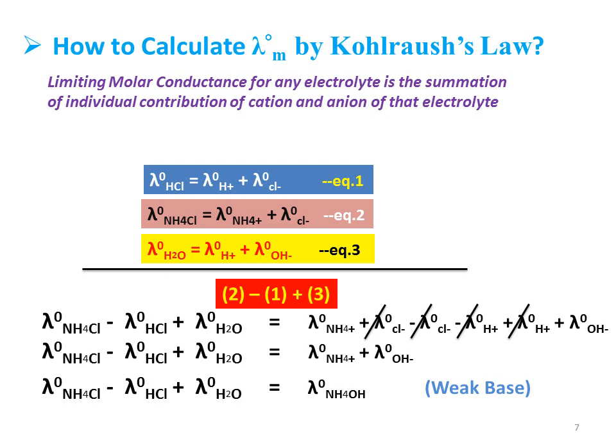Okay, the first equation is that when we take HCl as an electrolyte, it is dissociated into its respective cation and anion, which are the hydrogen ion and the chloride ion.